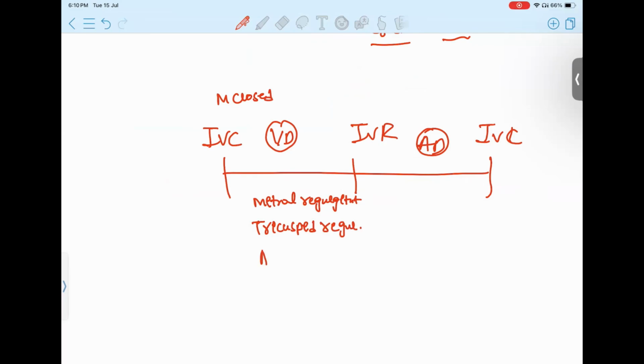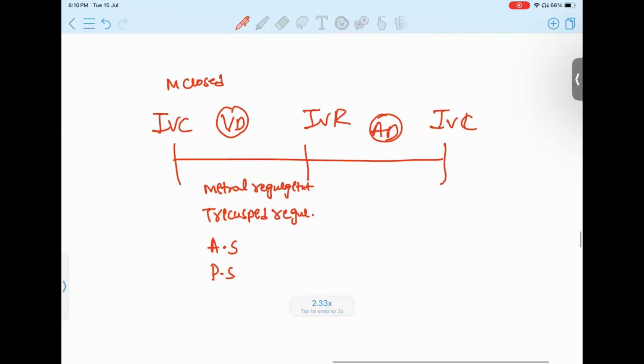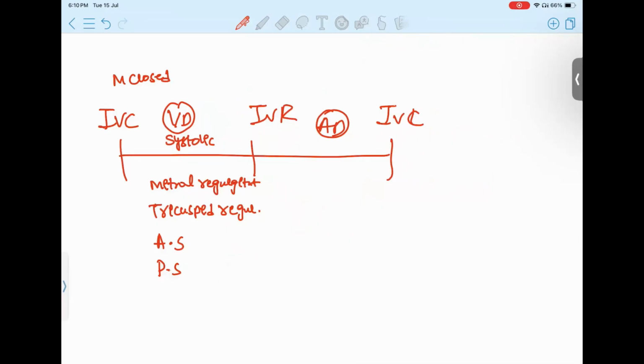And aortic stenosis and pulmonic stenosis will be having the systolic murmur. And when they say diastolic murmur, that is commonly associated with mitral stenosis and tricuspid stenosis. And opposite to that, aortic regurgitation and pulmonic regurgitation.